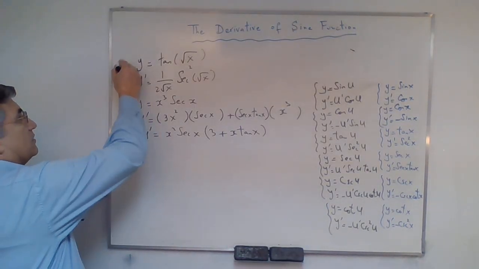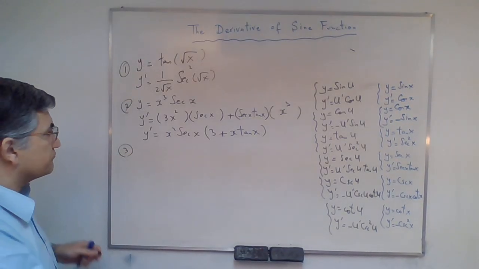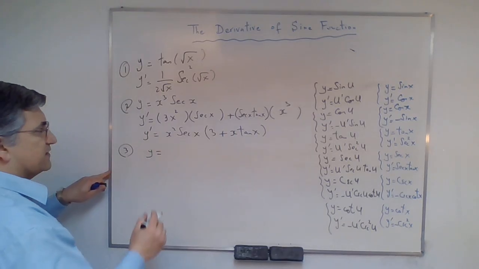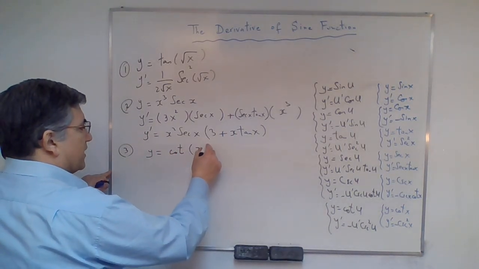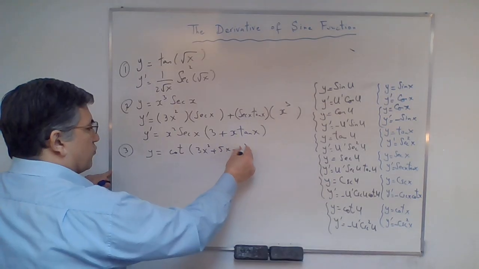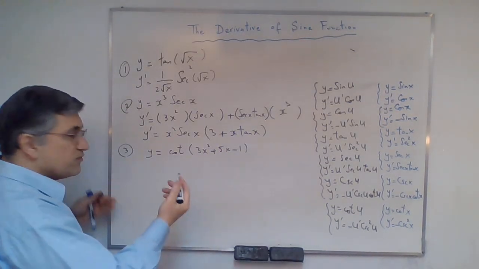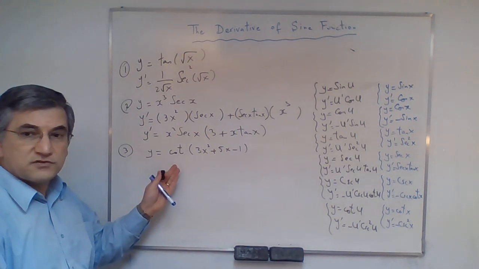So example number 1, example number 2. Why not example number 3? So for this one, I can select, for example, cotangent of 3x squared plus 5x minus 1. So cotangent of a quadratic function. Who would think one day that you would be taking the derivative of such weird functions?